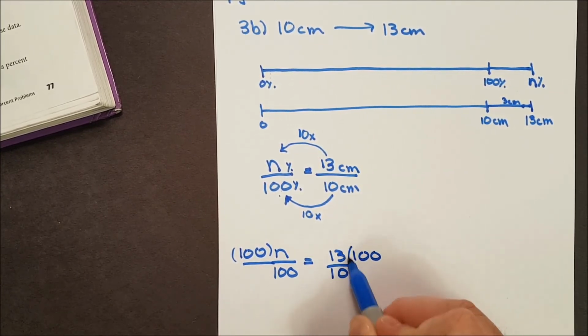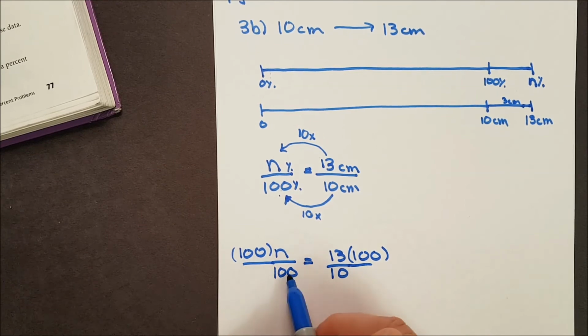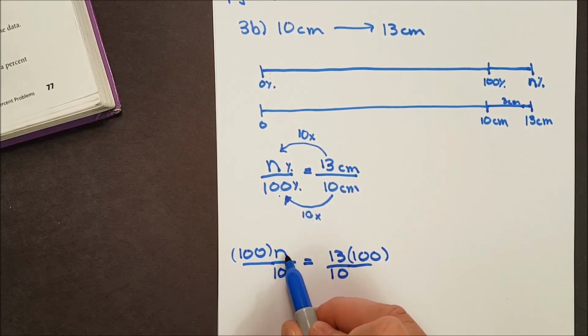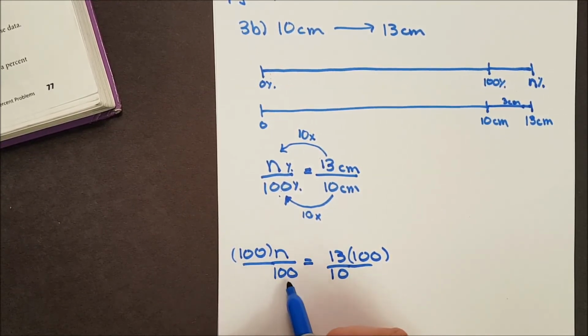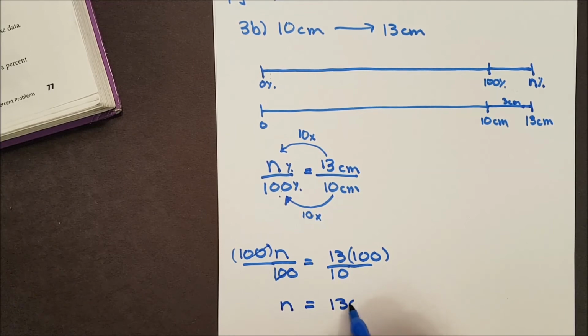Remember, what you do to one side, you need to do to the other. Here, our goal is to have n all by itself. So 100 divided by 100 is 1. So we have 1n equals 1300. I just multiplied these two, divided by 10, and n equals 130.